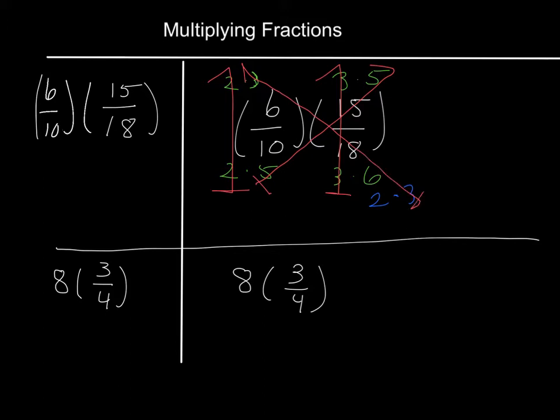So at the end it looks kind of like a mess, I get it, but if we do it step by step when we're breaking down each number into its factors, what I have here is 1 times 1 times 1 times 1 for the top, so that equals 1. And at the bottom, I have 1 times 1 times 1 times 2 times 1. So then that equals 2. So that means that this whole thing, 6/10 times 15/18, simplifies down to 1/2.